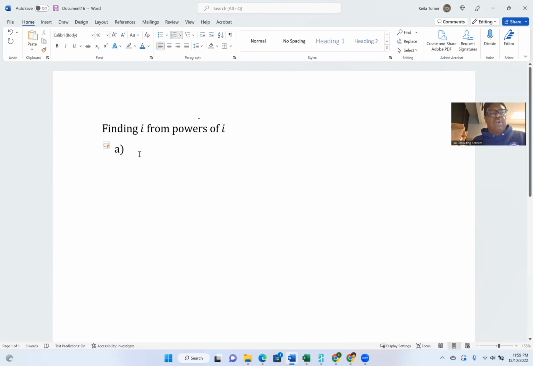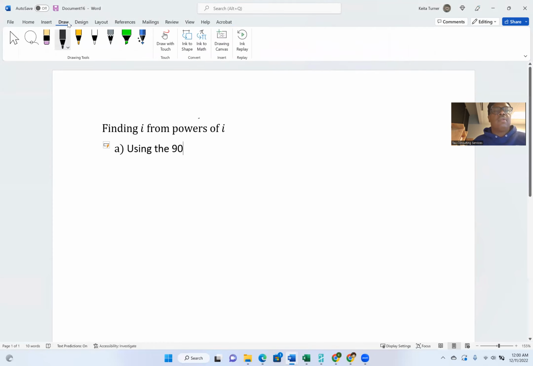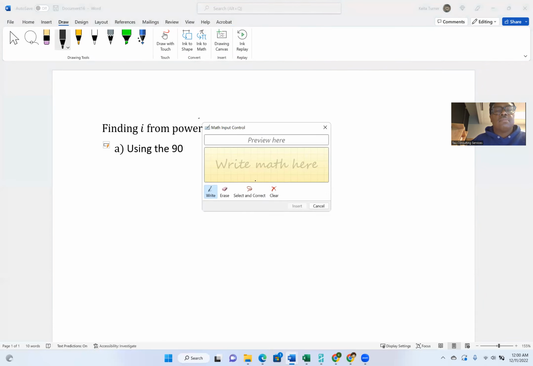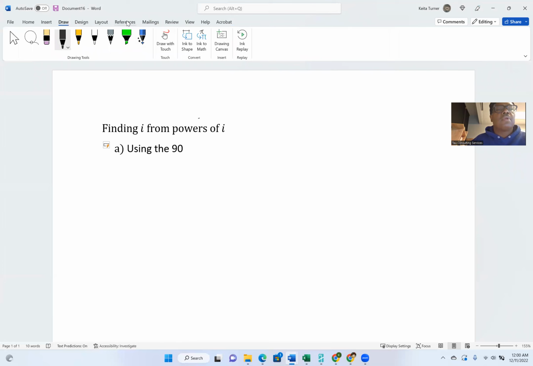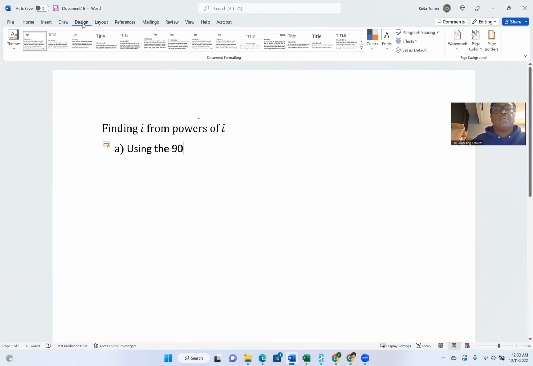All right, finding powers of i. A, using the 90, where's my symbol for degree? All right, hold on. Yeah, where is that?